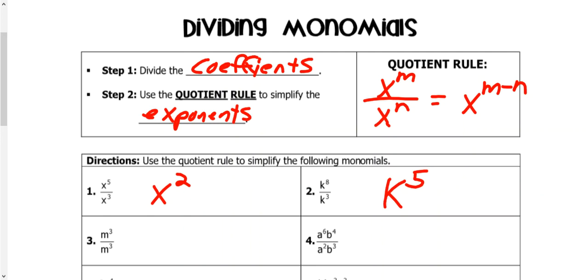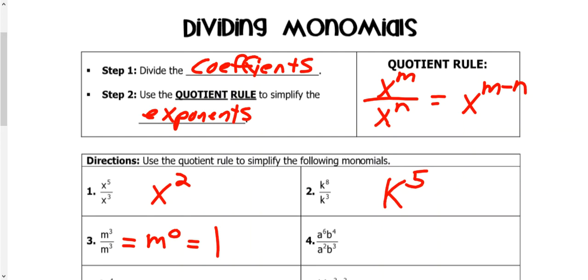For number 3, this one's a little tricky. You'd want to think that the answer is 0, but that's not the case. Because what we're doing is we're subtracting it. So we have 3 minus 3, so that gives us m to the 0, which is the same thing as 1. Anything to the 0 power is 1.